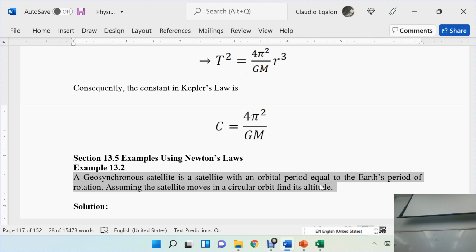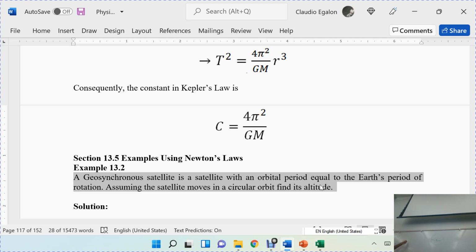And that's what we call a geosynchronous satellite.